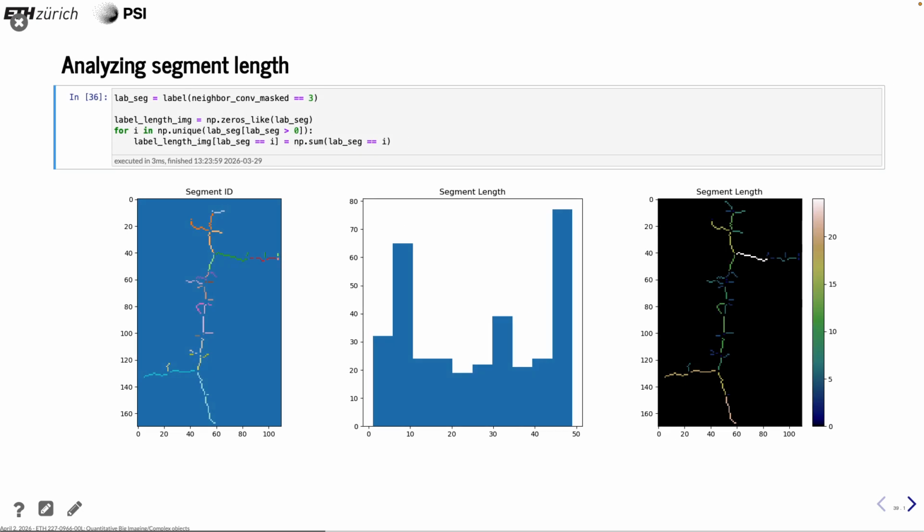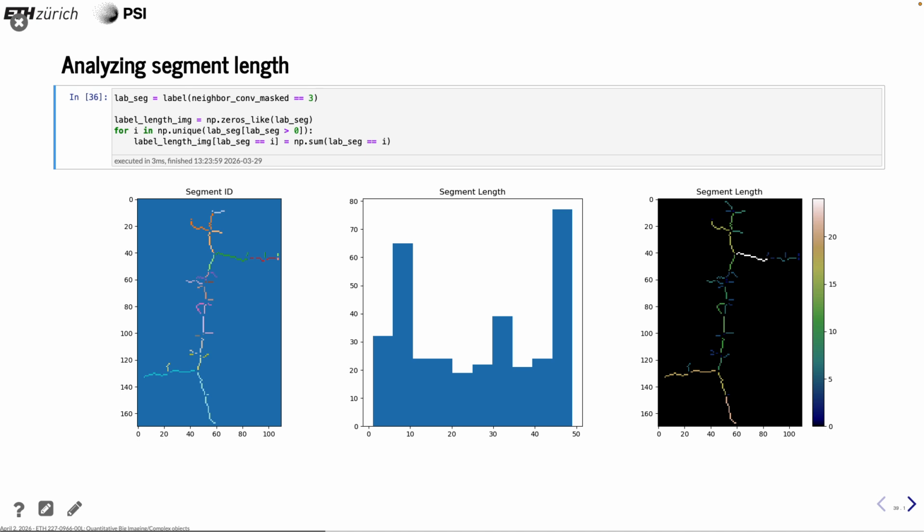And looking first at the length of a segment, that is pretty easy, because you can just label all the items that we got. First, actually, we remove all the connecting points, so now we select only the number 3, which are the line segments.